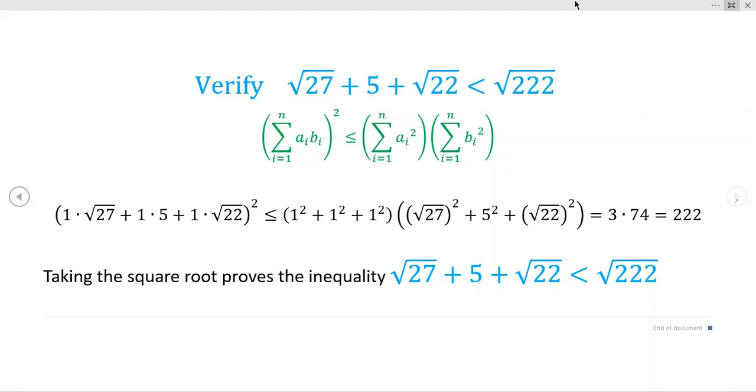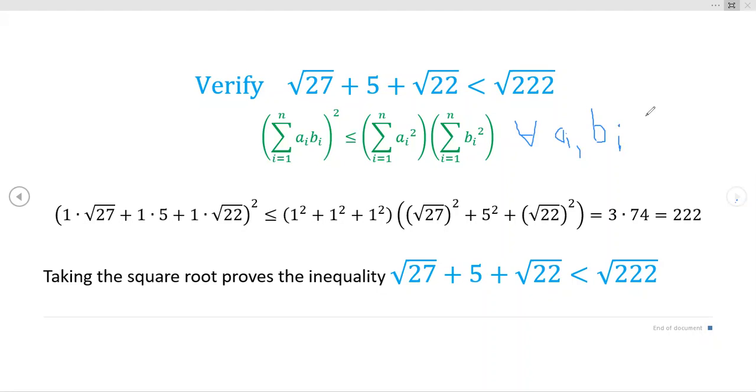Now what I want to do here is introduce this idea called the one trick. Since this holds for all sequences a sub i and b sub i, the notation we're using here, the subscripted notation, that are real numbers.